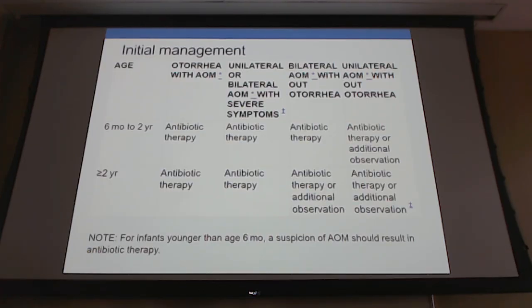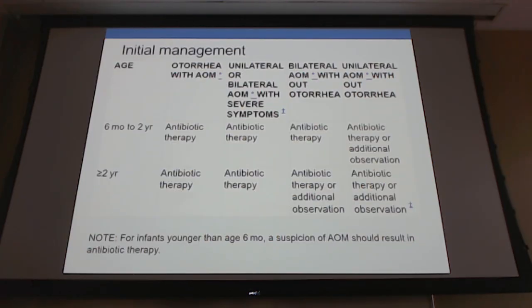If you have bilateral, but without severe symptoms, and you're between 6 months and 2 years, you also get antibiotics. But if you're older than 2, well, you can talk to us a little bit more. And maybe it's not severe, so your body's going to clear it. And your anatomy has started to change a little bit, so you might drain. So that would be an indication over the age of 2, not severe symptoms, to talk to the parents.